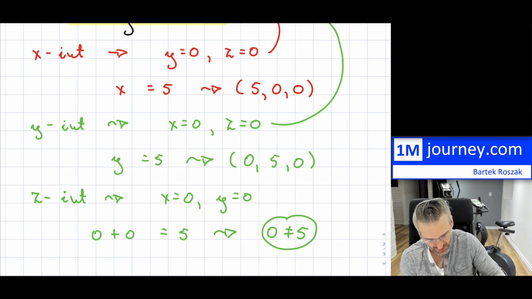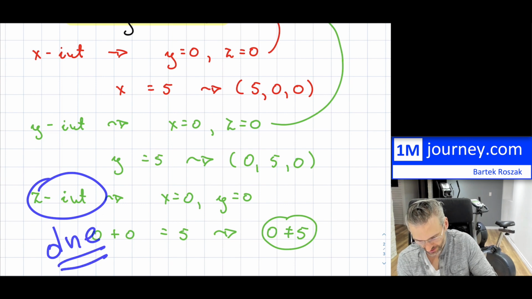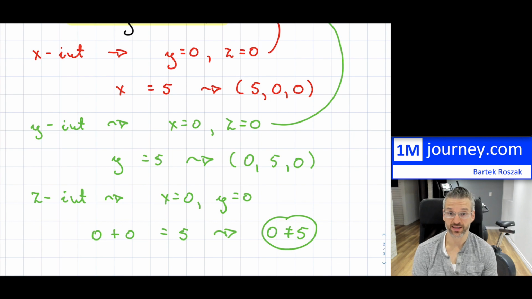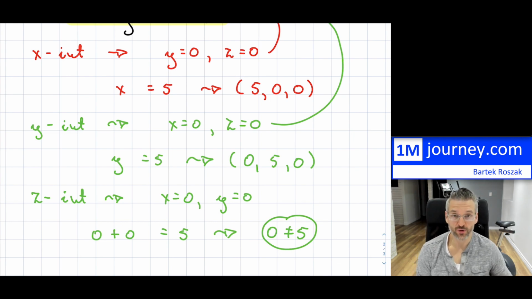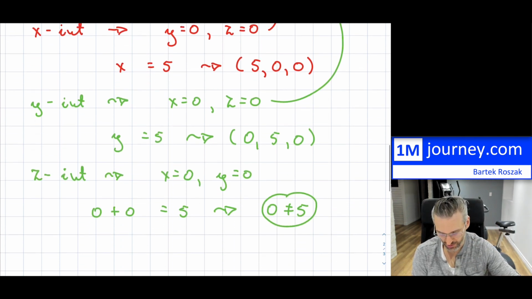That tells you that the z-intercept simply does not exist. If you find that for yourself, it doesn't exist because c is equal to 0. In this case, we just have a plane which goes through those points.